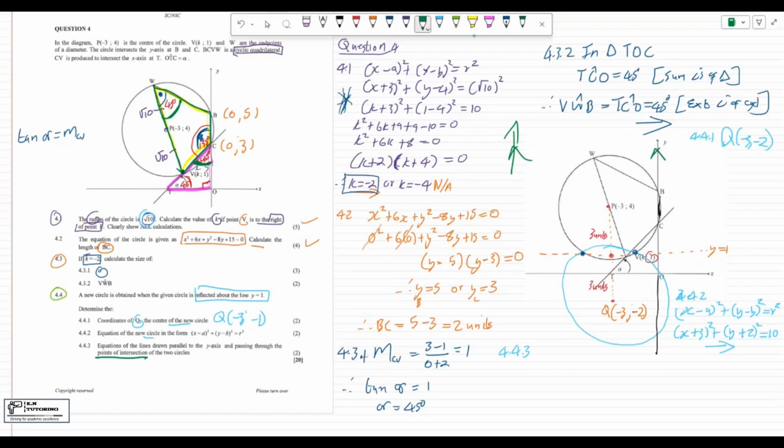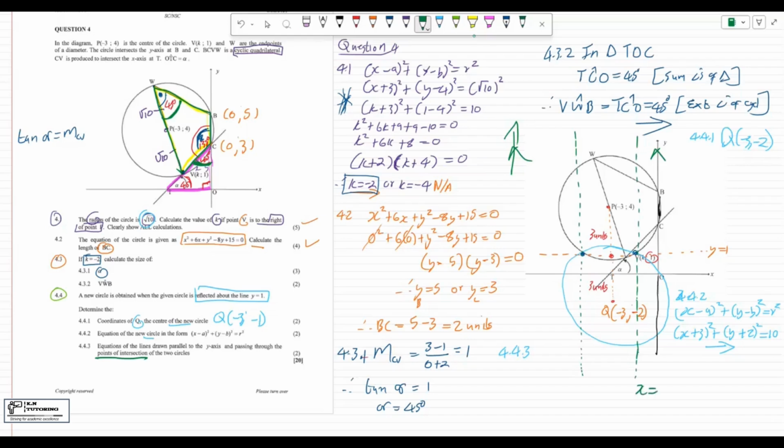Now, I've already shown you here where the two circles are going to intersect. So one vertical line will pass there, and the other one will pass there. That's where the two circles intersect. Now the question is, what are the x values there?